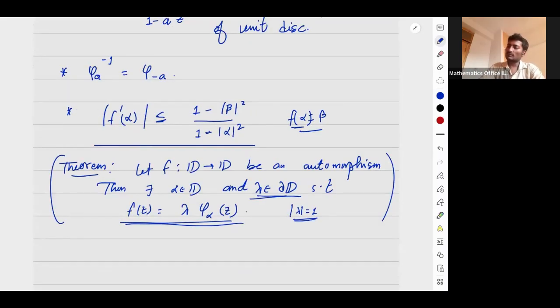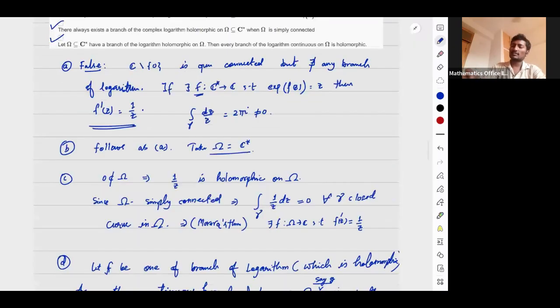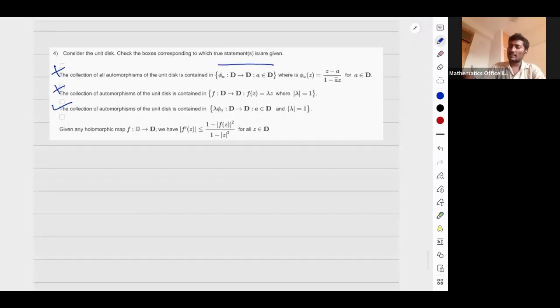When alpha is going to beta, f prime at alpha is bounded by 1 minus modulus of f of alpha squared, divided by 1 minus modulus alpha squared. This is what is written here. In place of z it is alpha, this is f(z), this is beta, when alpha is going to beta. But they are the same. This is done in the classroom, but let's see if we can do this or not.